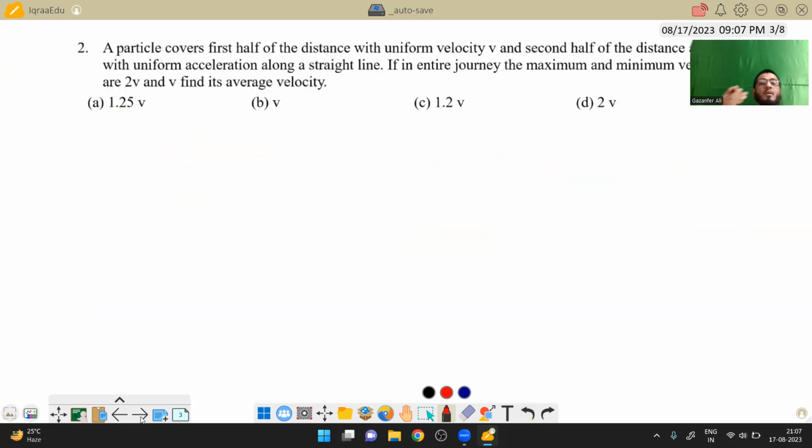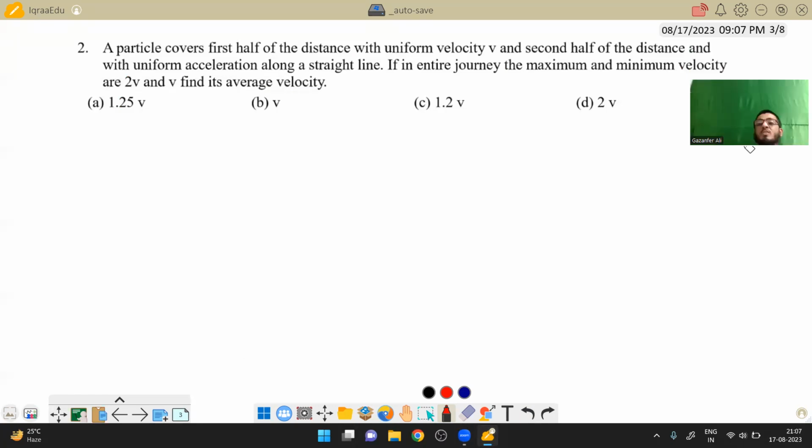Okay, next question. A particle covers the first half of the distance with a uniform velocity v, and the second half of the distance with uniform acceleration along a straight line. If in the entire journey the maximum and the minimum velocities are 2v and v, find its average velocity.